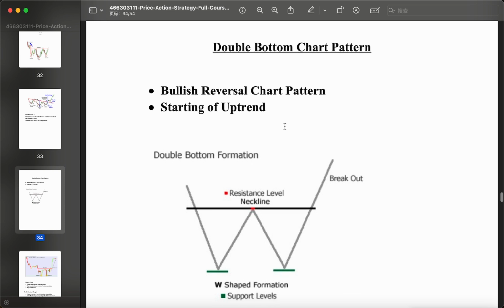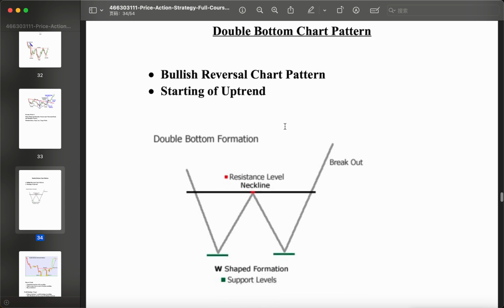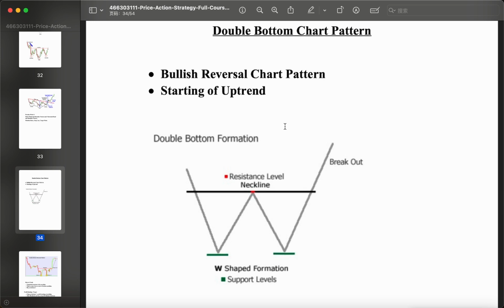Here, we see another form of chart pattern. We're seeing a double bottom chart pattern. So unlike the head and shoulder pattern, where there are 3, here we only see 2 of the triangle. This is a bullish reversal chart pattern, and this is the start of an uptrend.